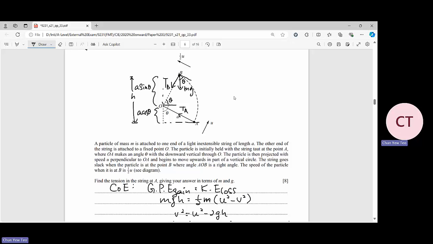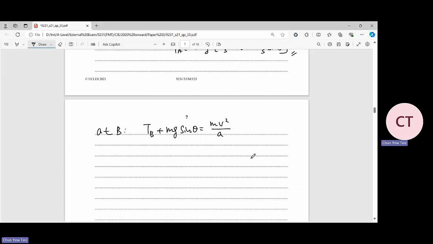So you have TB plus mg sin theta equal to mv squared over A. Given the TB is 0 because they say it's slack.